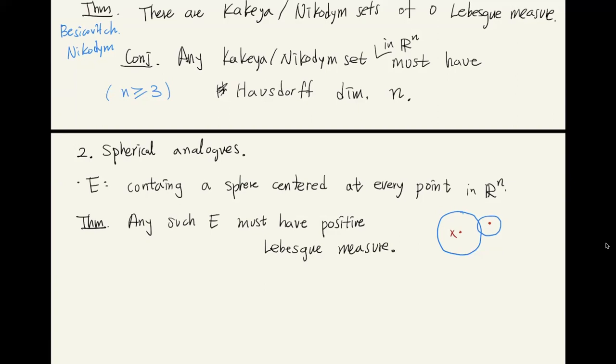This is a result due to Stein, Bourgain and Marstrand, and this statement follows from the L^p boundedness of the spherical maximal function.